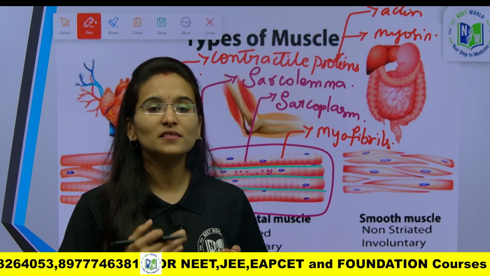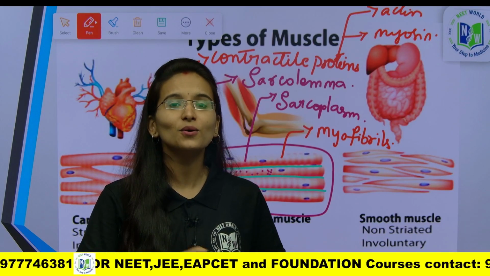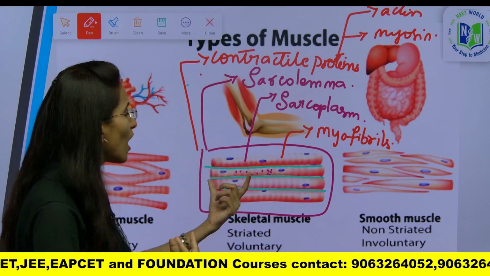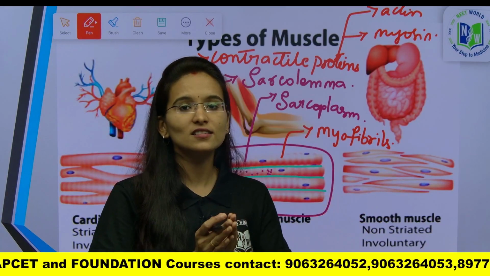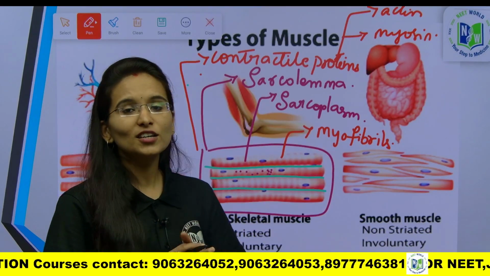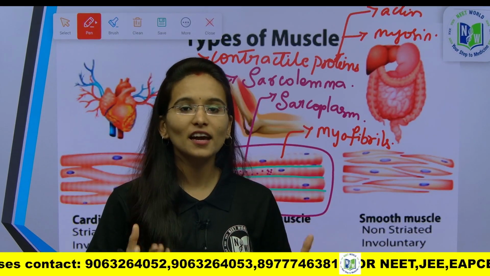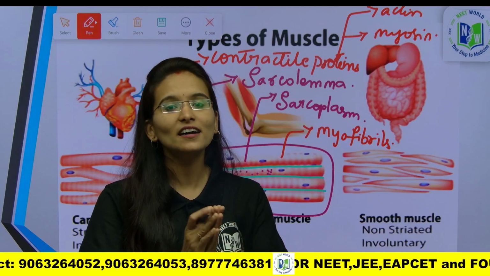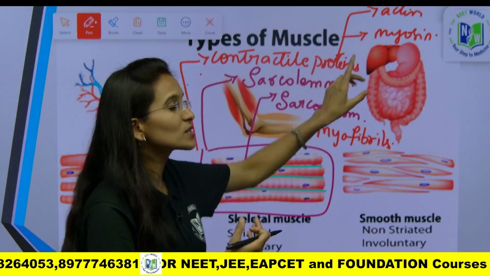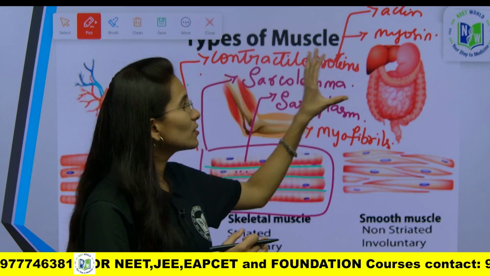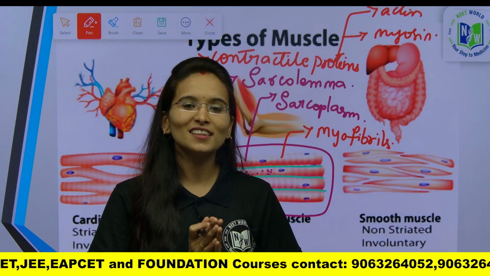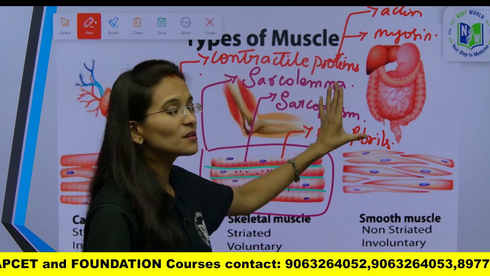Inside the sarcoplasm there are many elongated cylindrical fibers running continuously, called myofibrils, and the muscular tissue is made up of contractile proteins, actin and myosin. Actin is a thin filament and myosin is a thick filament. Both actin and myosin work continuously to produce contractions and relaxations in the muscular tissues. You need to remember all these terms.